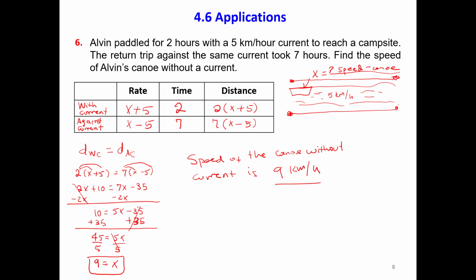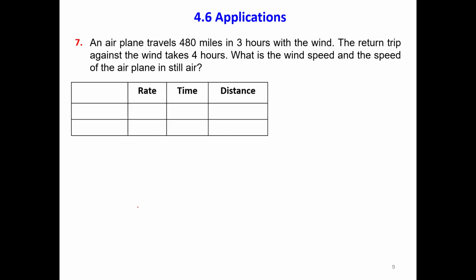And let's go with the last problem. It's a similar problem. In this case, we had an airplane that travels 480 miles in 3 hours with the wind. But in the return trip, the plane travels against the wind, and it took 4 hours.